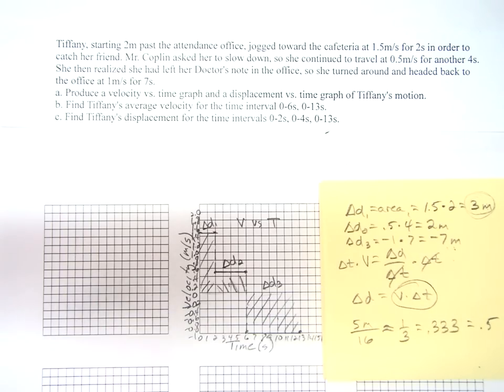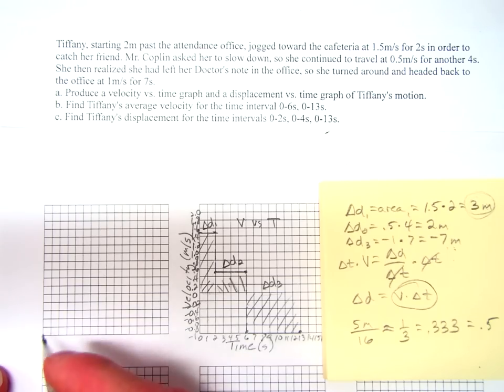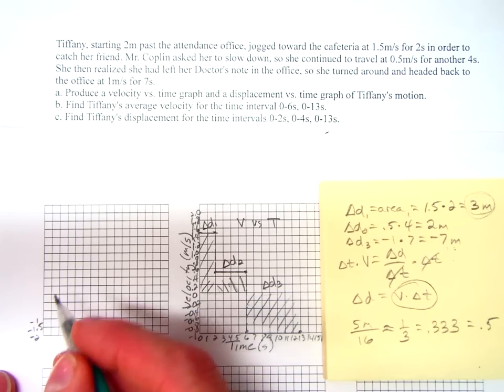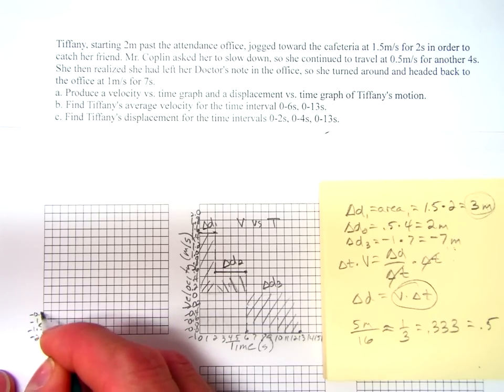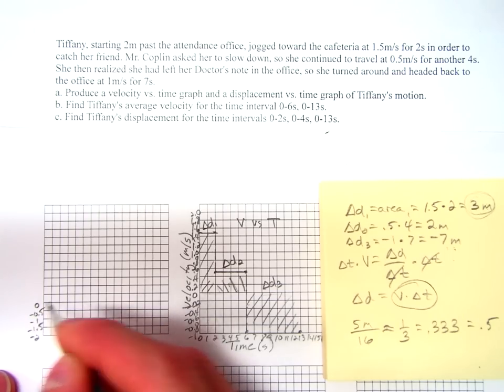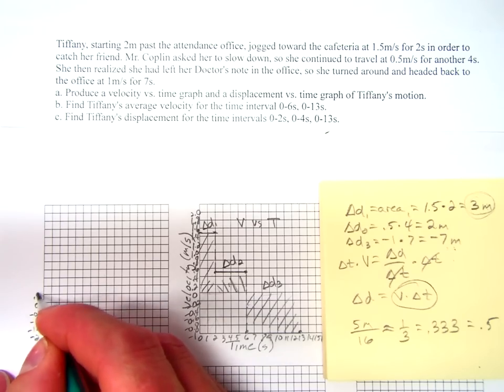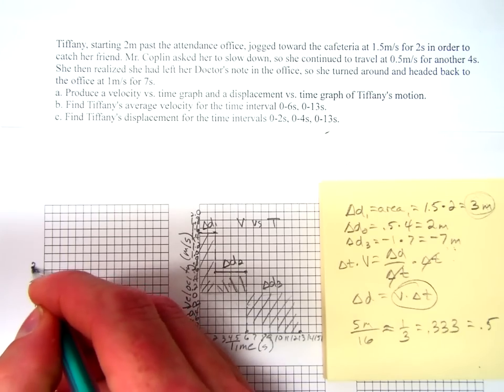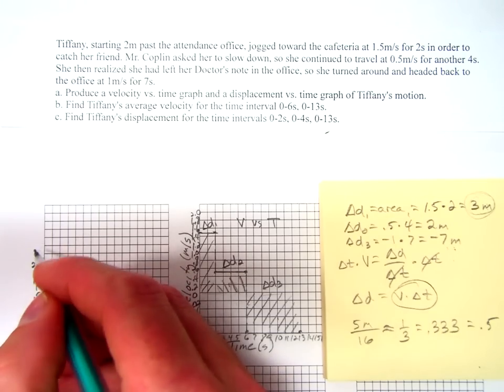Okay, so we need to represent negative 2. I do, at least. And so I'm going to represent negative 2, negative 1.5, negative 1, negative 0.5, 0, 0.5, 1, 1.5, 2, 2.5, 3, 3.5.